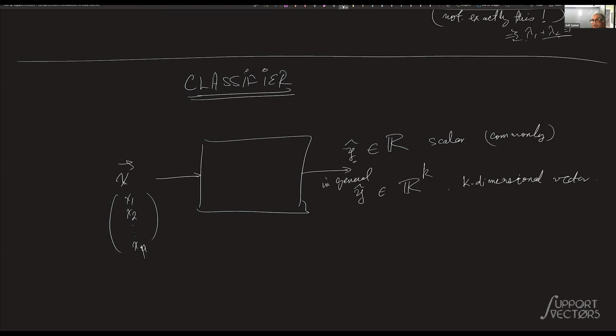For example, if you're trying to predict wind velocity, remember, which direction it goes also matters. You're trying to predict not just the speed but the velocity. This would be an example of a regression model that takes in inputs and predicts a vector.